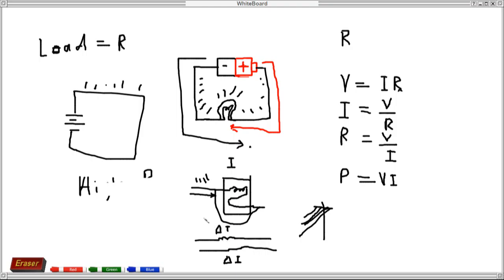The other works by temperature: when it gets to a certain temperature, it shorts out. There are all sorts of different contraptions for high power.